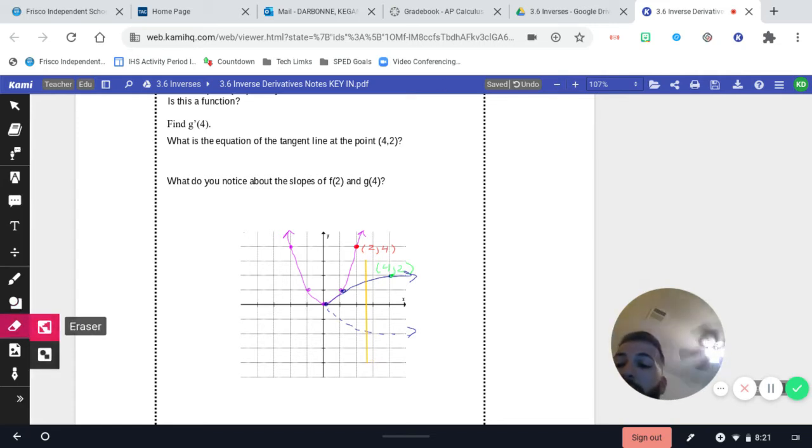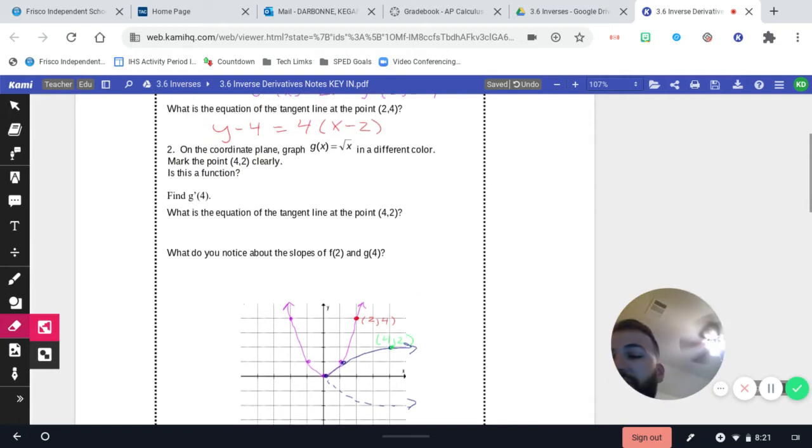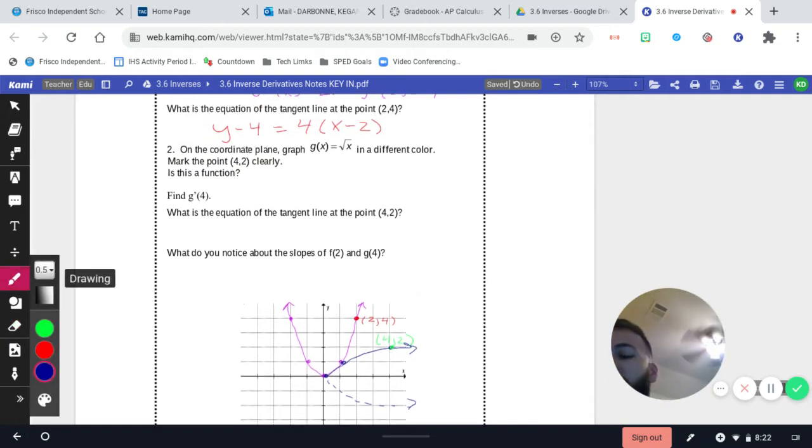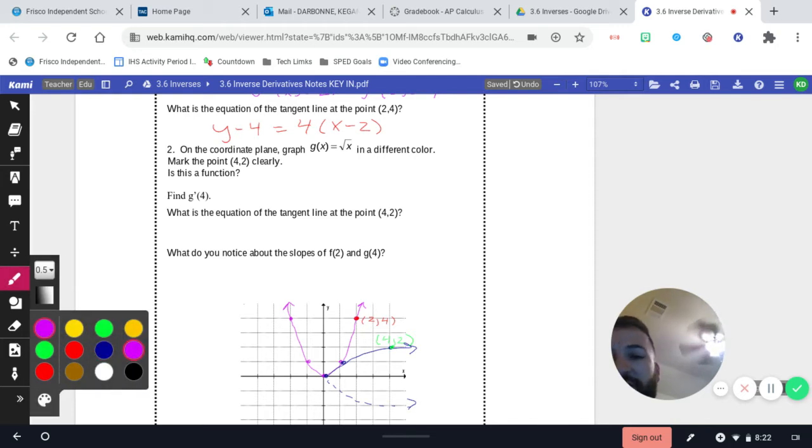So that's why we only graph the positive square root of x, so that we can actually compare them and use it as a function. So the full inverse is still not a function, but what we did graph, just the square root of x, is a function.